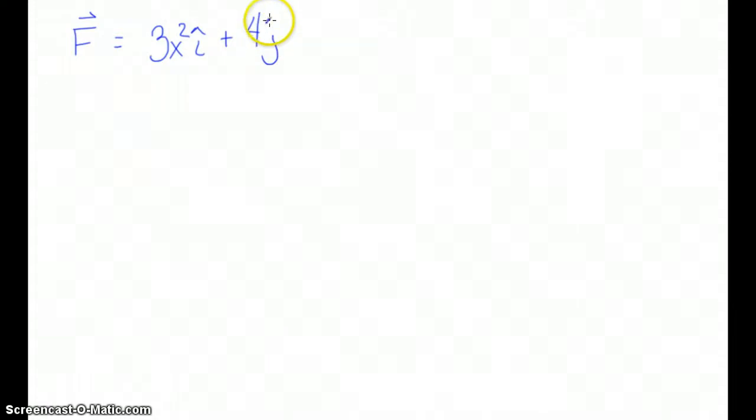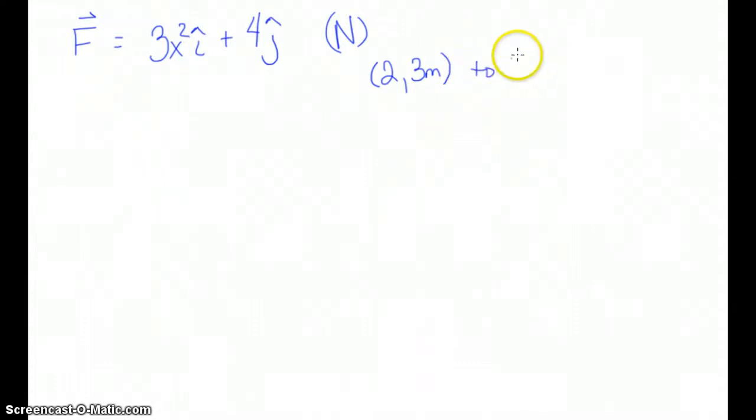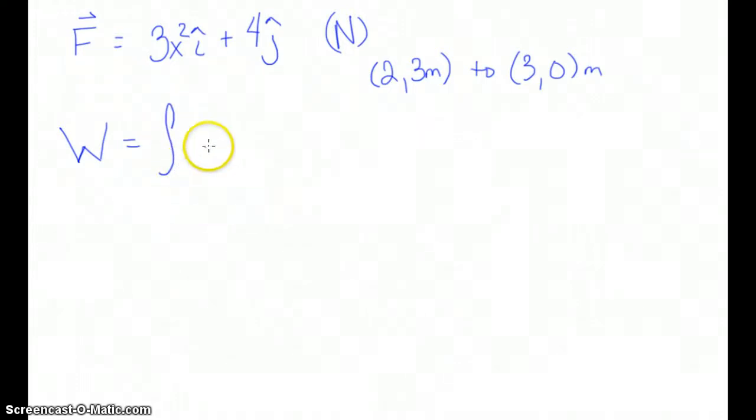So let's say that we have a force that is 3x squared i hat plus 4 j hat in newtons. And let's say that that is moving from coordinates 2, 3 meters to 3, 0. And again, that's in meters. So to find the work done in that change in motion, we're going to look at the integral from our initial positions to our final position.